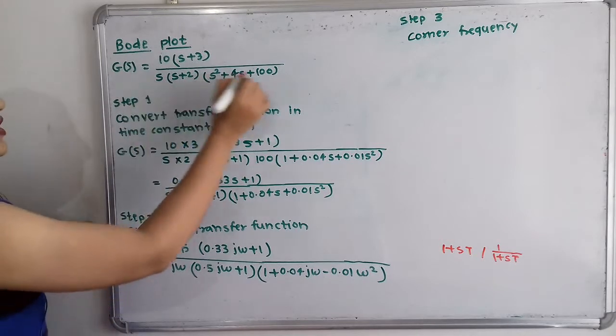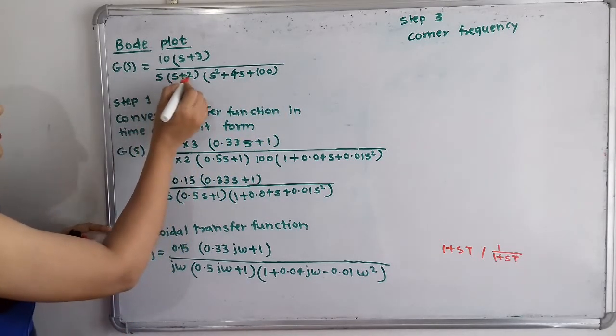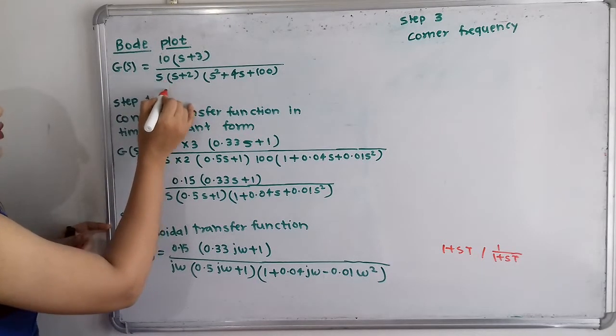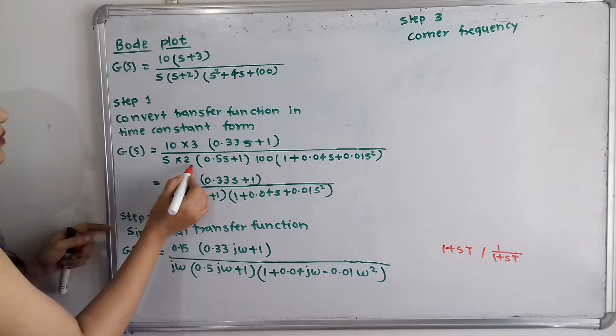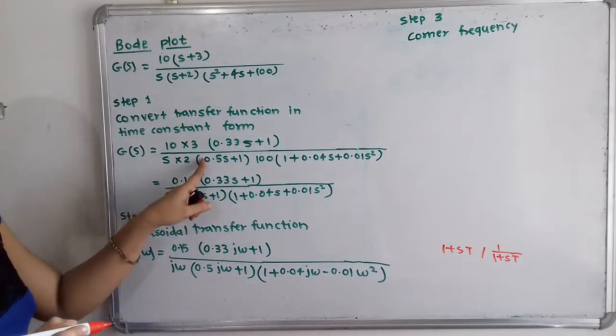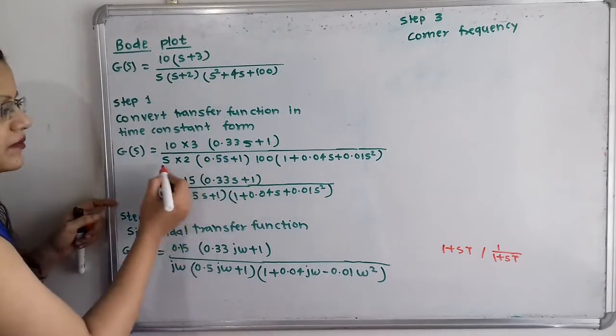Now we will move to the denominator. So s we will write as it is. Now here the s plus 2 term is there. If I multiply and divide by 2, then 1 by 2 s, that is 0.5s plus 2 by 2, that is plus 1.